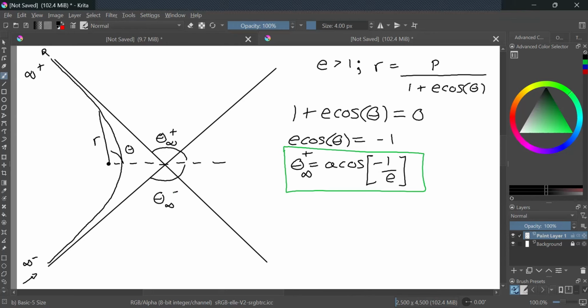Now, to put that another way, that angle is 180 degrees minus the inbound angle, right? So if we were to flip everything around and we were to go from this direction, that is the same as that.